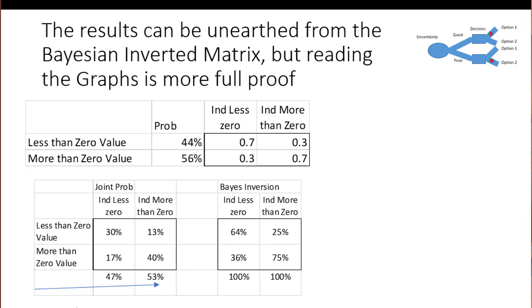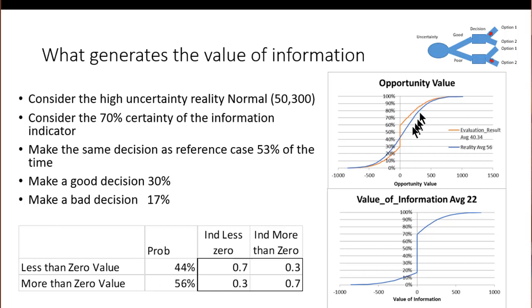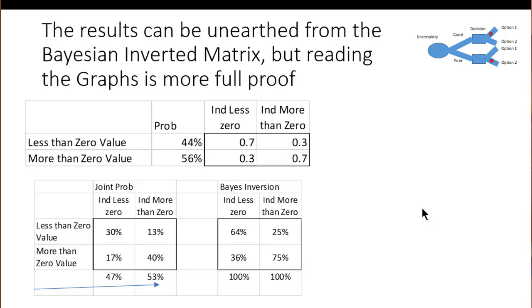We can also see that we make a certain probability of less than 0. It's actually less than 0 30% of the time. So that's a good outcome. And that corresponds to this 30% up here. Here's that 30% there. And when it says it's less than 0 on the indicator, it's actually more than 0 in reality.